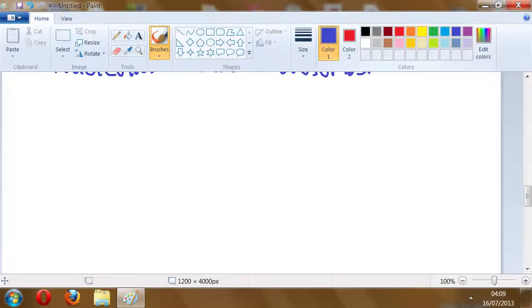I think I'm going to try the envelope first. I'm going to leave some little gaps here. I'm going to make this much smaller actually. Just going to draw the outline here.